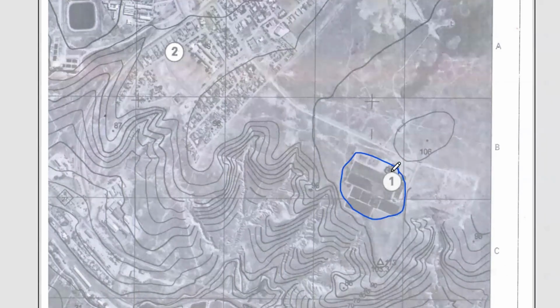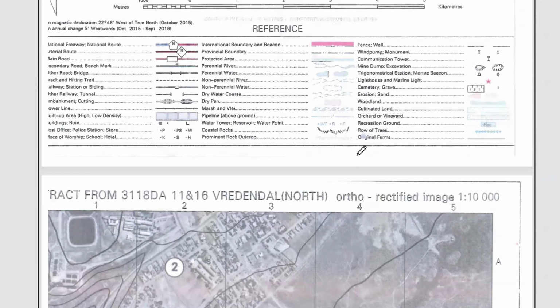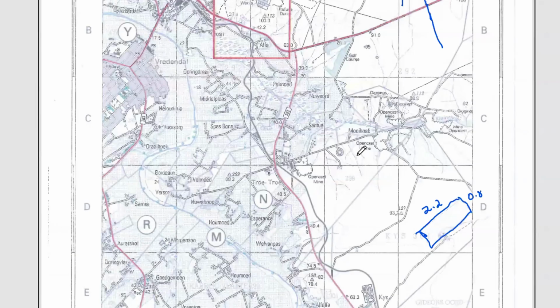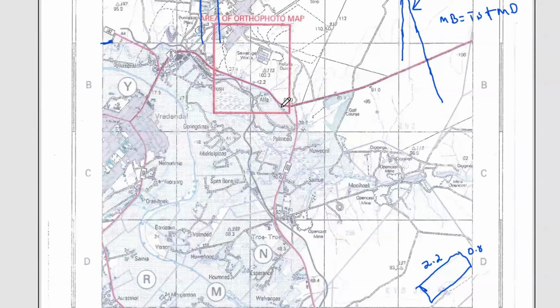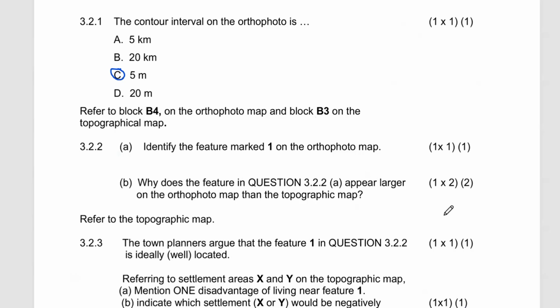On the topographic map, the same feature is found in block B3, B1, B2, B3, also here. This is the same feature. So the question is saying, identify the feature. The feature we've seen is the sewage works.